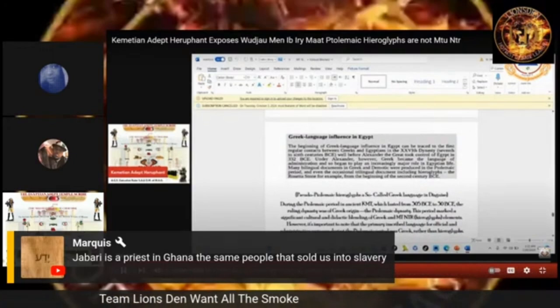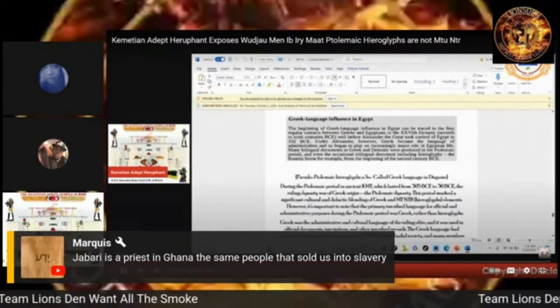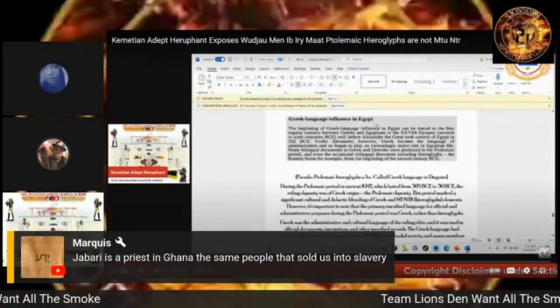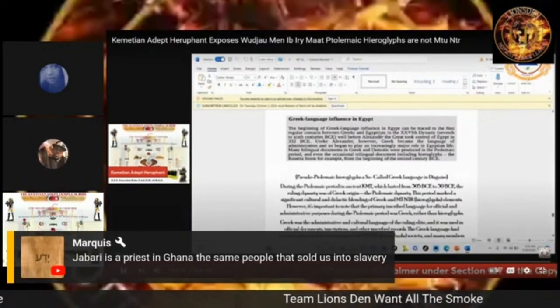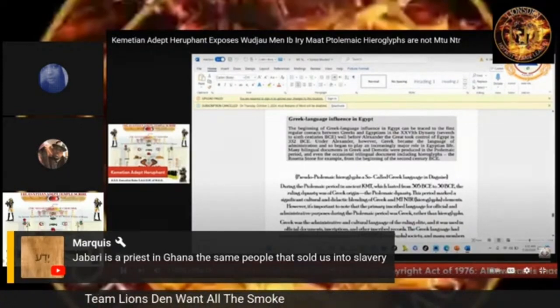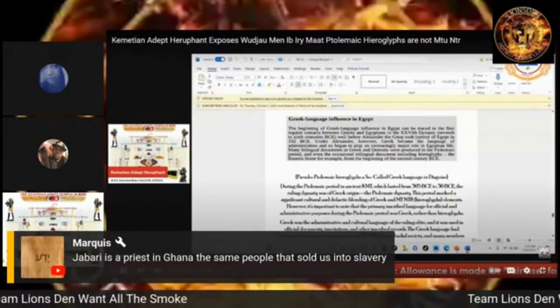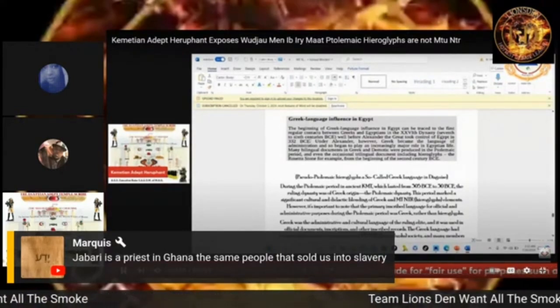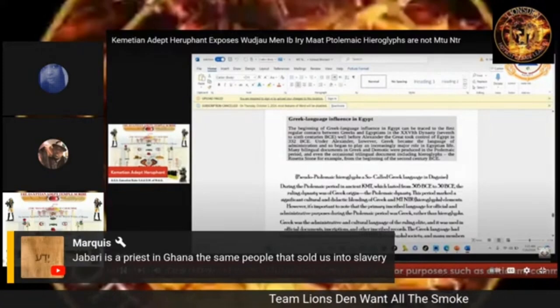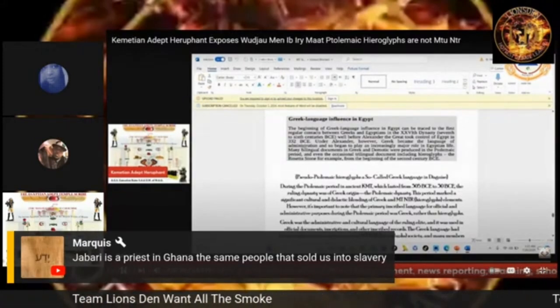I'm gonna hit y'all with one more. Greek language influence in Egypt. The beginning of Greek influence in Egypt can be traced to the first regular contacts between Greeks and Egyptians in the 26th dynasty, 7th to 6th century BCE, well before Alexander the Great took control of Egypt in 332 BC.